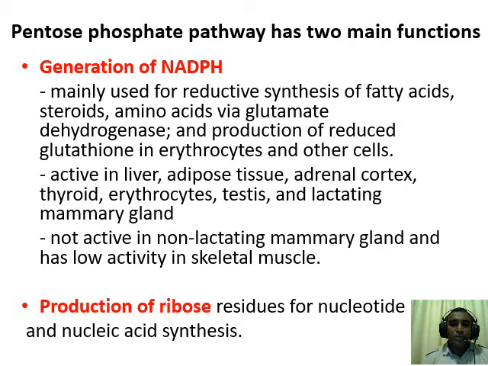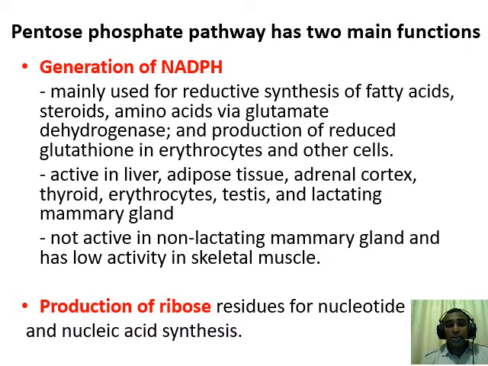On the whole, the pentose phosphate pathway is relevant in generating NADPH as well as the production of ribose. Ribose is the residue relevant in making the sugar portion of nucleotides as well as nucleic acid, RNA or DNA synthesis. Then in terms of NADPH, it is a reductant.